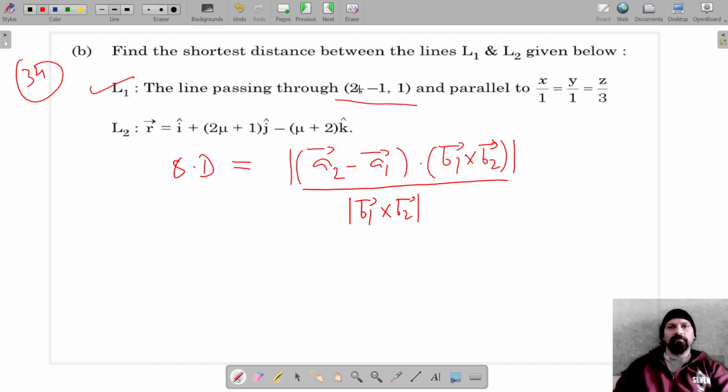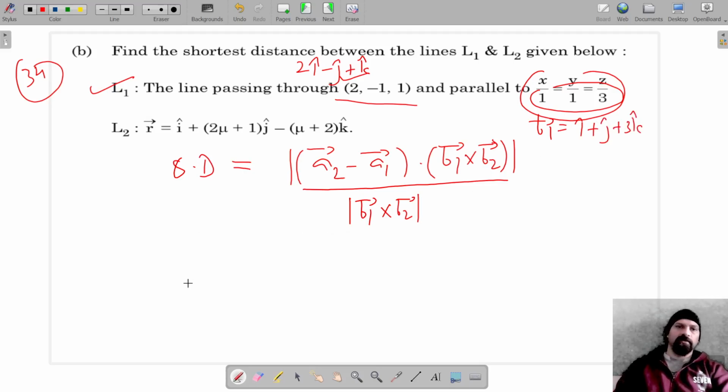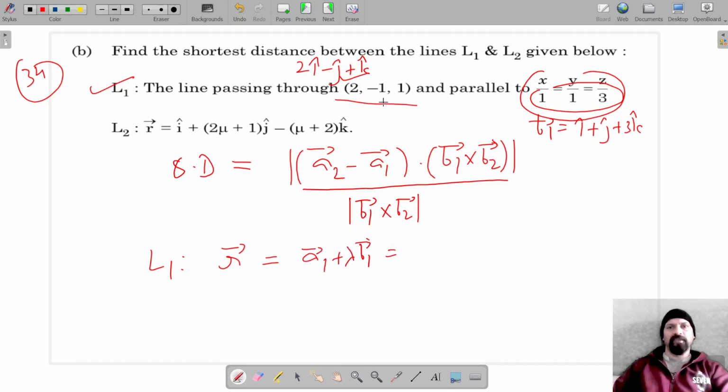Okay, so let's find out line L1. The line L1 is passing through this point, so its position vector is 2i cap minus j cap plus k cap. And it's parallel to this line, so that means our b1 vector has these direction ratios, and is i cap plus j cap plus 3k cap. So let me write down the vector equation of line L1, which is equal to a1 plus lambda into b1 vector, where a1 is the position vector of the point through which it's passing.